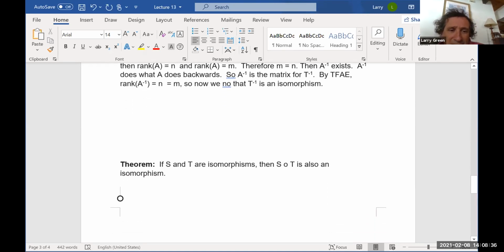So if S and T are isomorphisms, then S of T is also an isomorphism. Why must that be true immediately? Any thoughts?